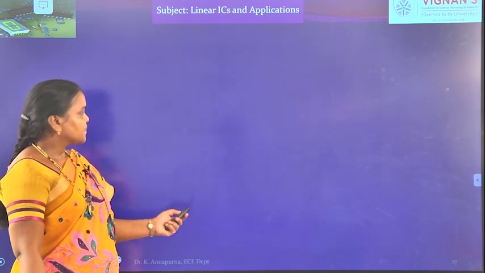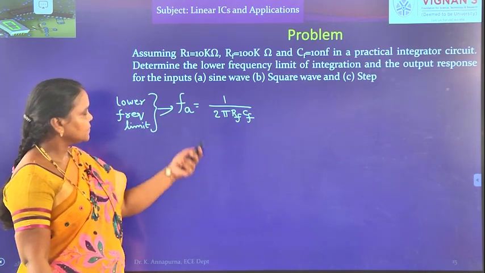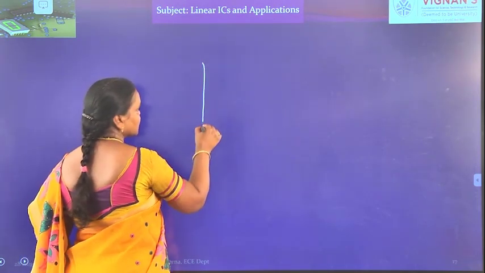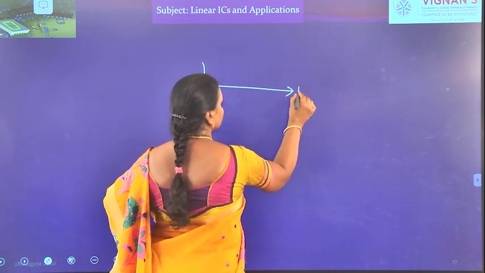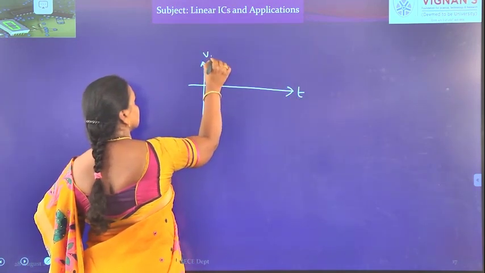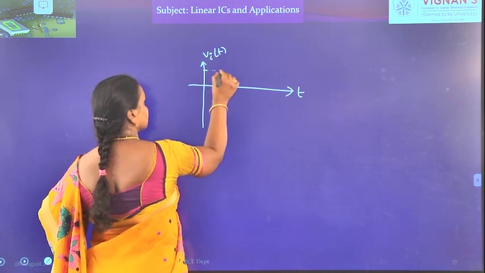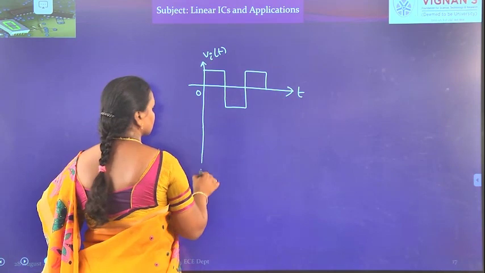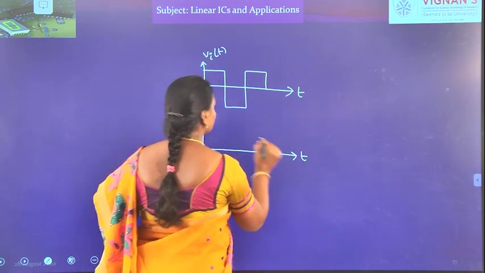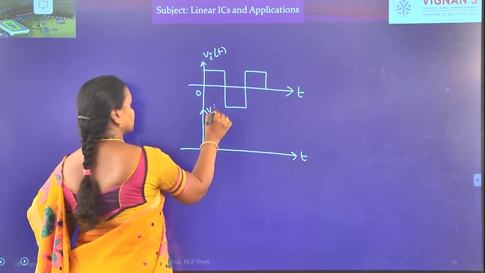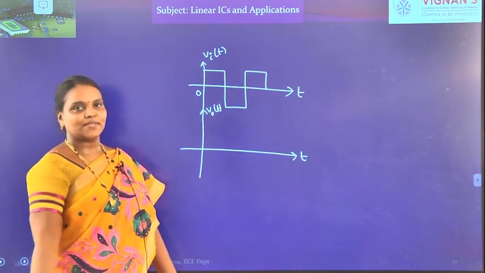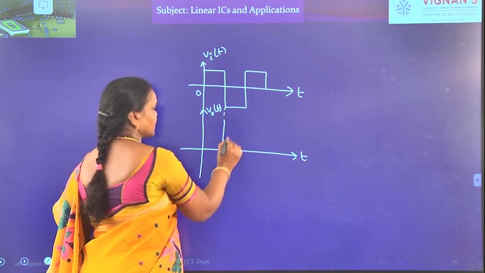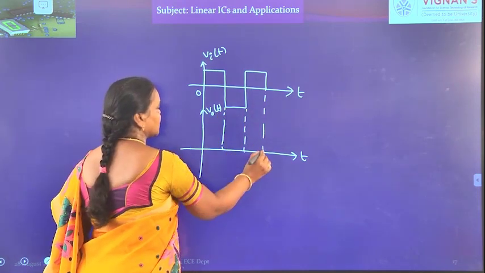And next one is square wave input, right. So, if I consider the square wave input, just now we have seen, right, for square what is the output? It is the triangular.